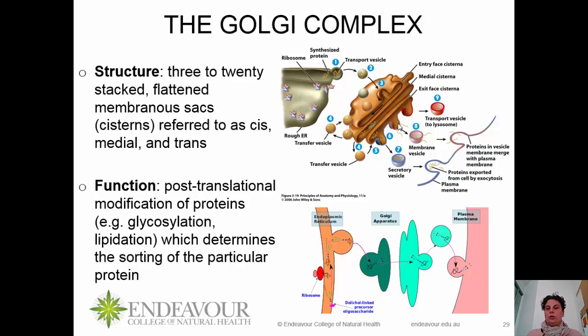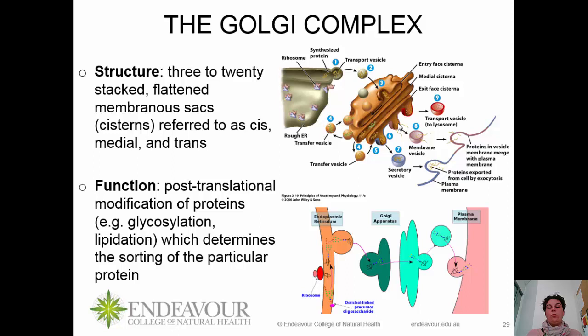You don't really need to know that level of detail, but I do want you to know the function of the Golgi complex. I often say to my students that the Golgi complex is like a bus stop. Once the proteins come to the Golgi complex, 2 things really happen to them.